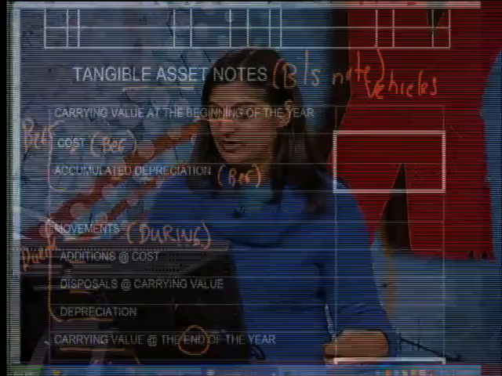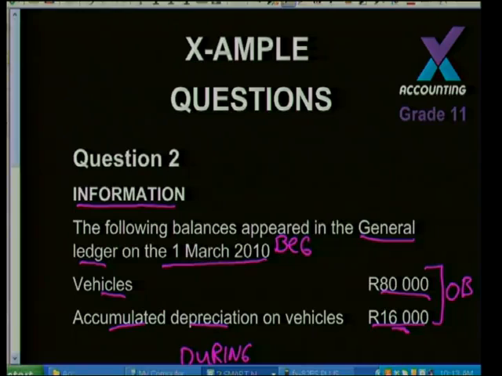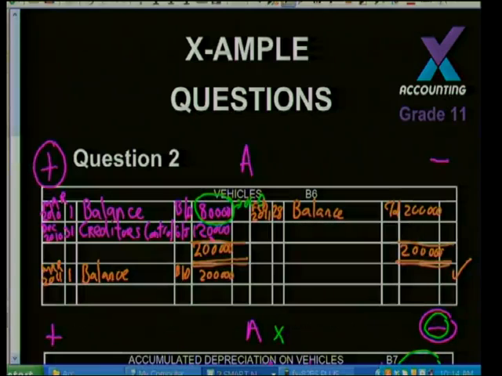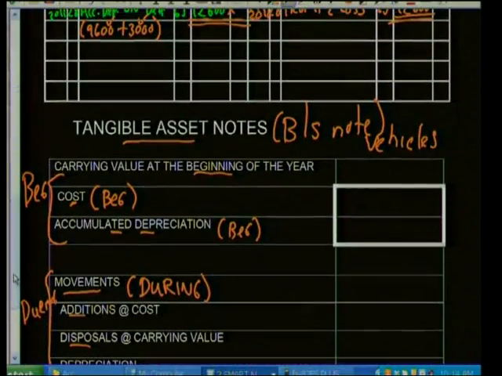Right, let's start filling in this note. We're going to start off with carrying value at the beginning of the year, and in order for me to get carrying value at the beginning of the year, I need my cost at the beginning, I need my accumulated depreciation at the beginning. So if I go to my information, at the beginning of the year, vehicles, 80,000 is my opening balance, accumulated depreciation is 16,000. Okay, so let's take that through to the note itself.